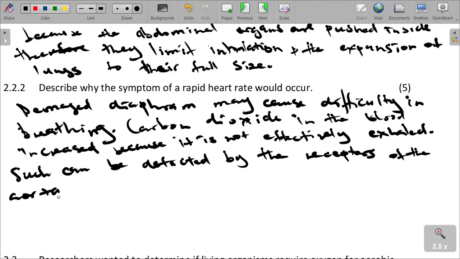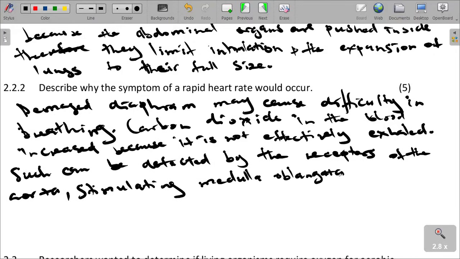Which stimulates the medulla oblongata, stimulating the medulla oblongata to send communication impulses to the heart muscles.